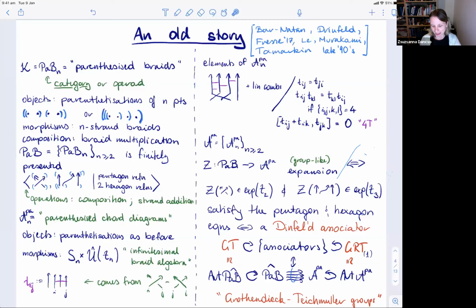So the way that you would prove this theorem, several people did this in the category context. It was Dror's, and in the operad context, it's Tamarkin and Fresse. So the way that you would prove this whole theorem, knowing this correspondence, is that you prove it on the graded side, because the graded side is much more tractable.